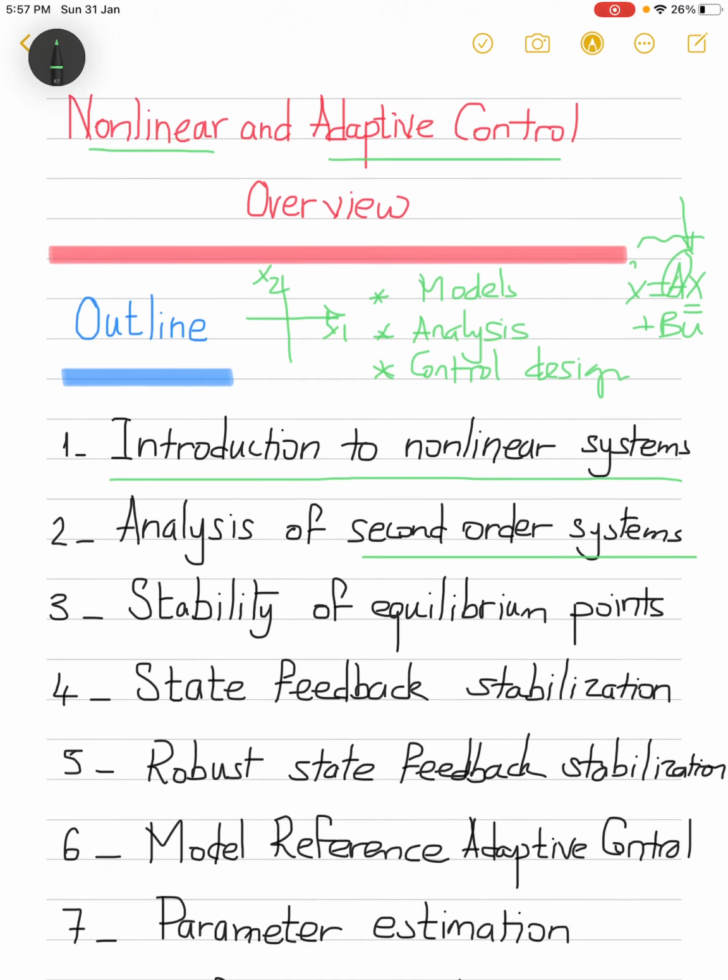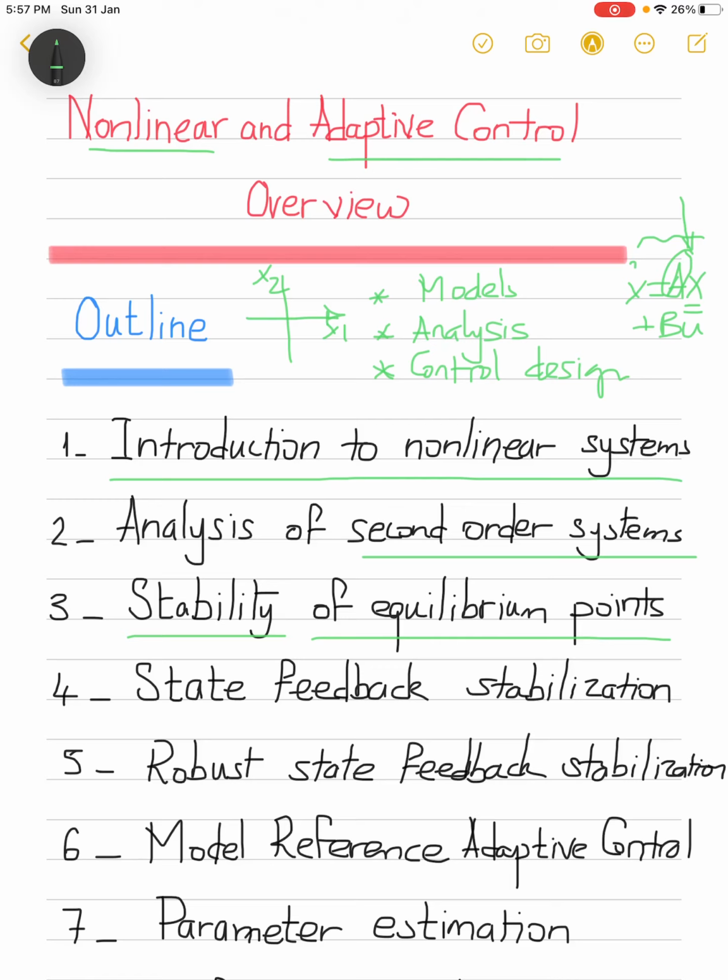The next step is an analysis step, and this is of course the study of stability, which is very important in all dynamical systems as a property. However, in linear systems, we are used to talk about stability of systems, while here in nonlinear systems, we'll talk about stability of equilibrium points.